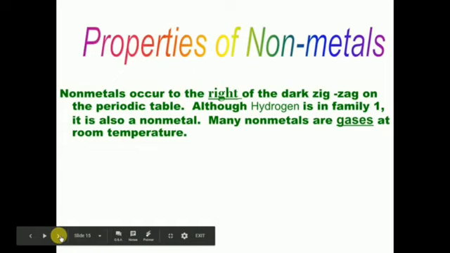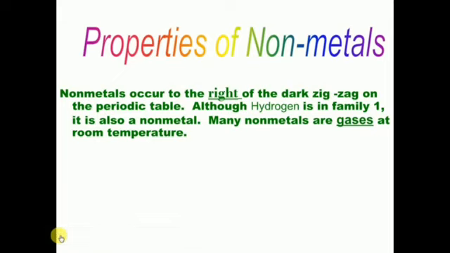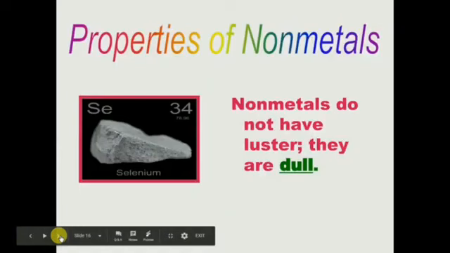Nonmetals occur to the right of the dark zigzag line on the periodic table. Although hydrogen is in family 1, it is also a nonmetal. Many nonmetals are gases at room temperature, except bromine, which is a liquid at room temperature.